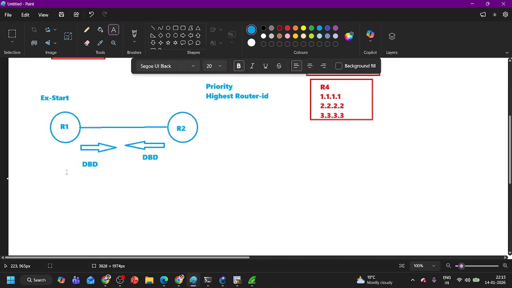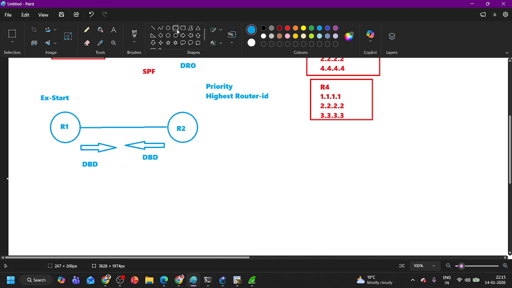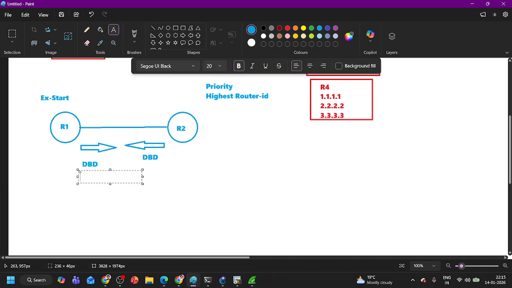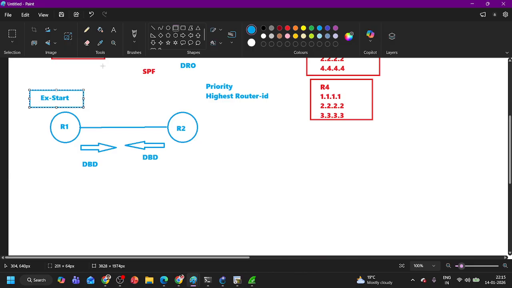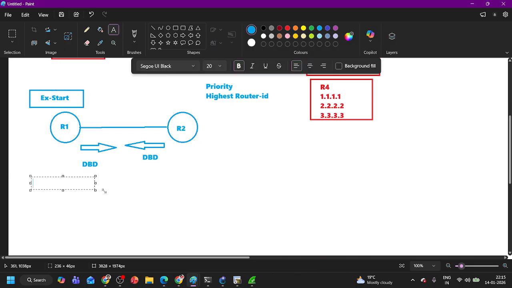This is nothing but the header of the database. Like router 1 can say I have X network, Y network and Z network. If router 2 requests any network, then it will send the detailed information. But some more things happen in ExStart state, like exchange of sequence number.